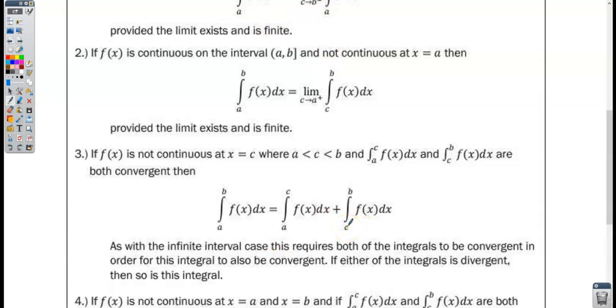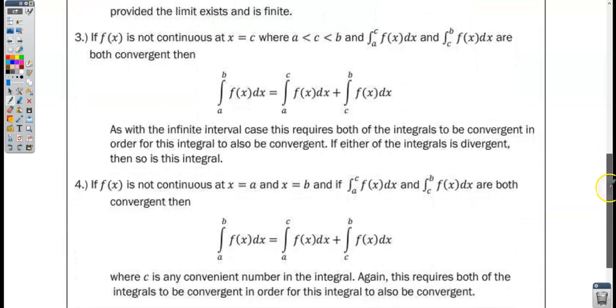Similar to what we were talking about when we had infinite limits of integration, when we split it up into 2 integrals like this, in order for the integral to be convergent, both of these must converge. If either one diverges, then the total integral is divergent.